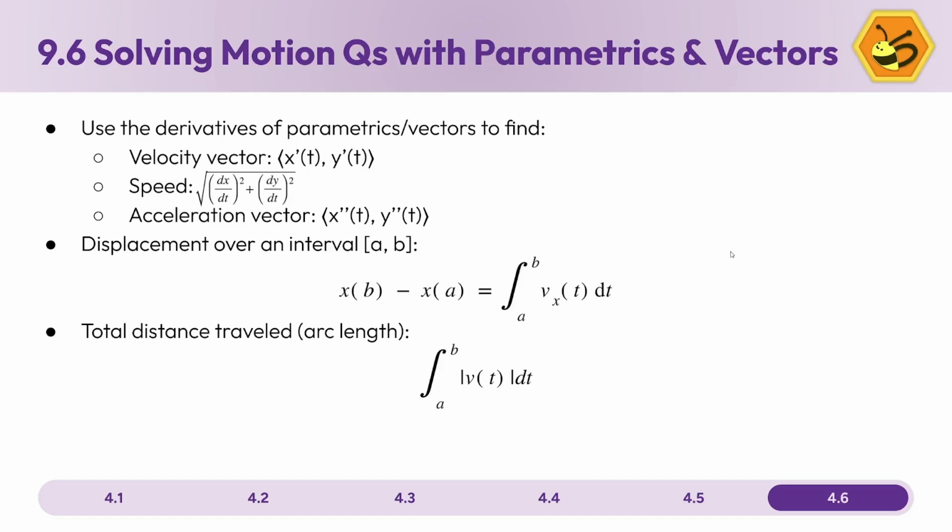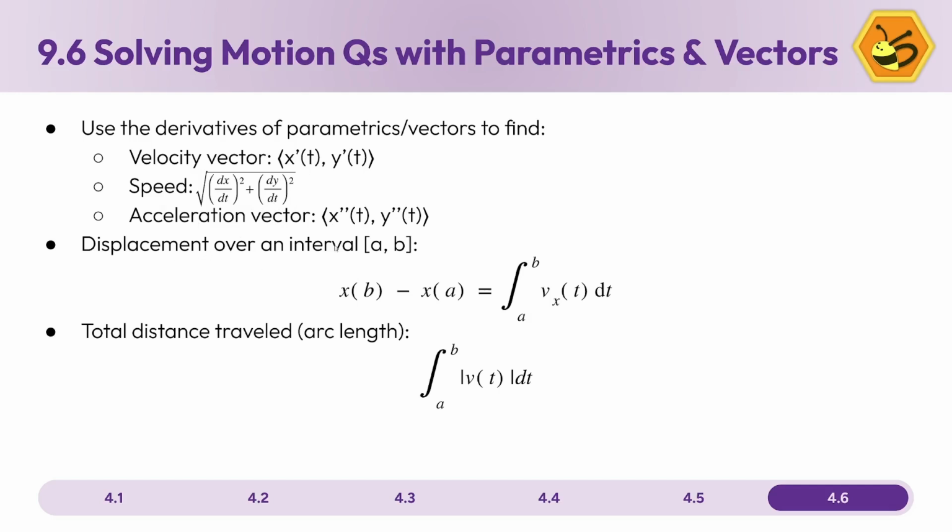Let's move on to our last topic of today, which is solving motion questions with parametrics and vectors. This is more a review of what we've already done. We're just putting everything together. With our derivatives, we can find our velocity vector, which is in this form. We can find our speed, which again is our Pythagorean theorem. We can also find our acceleration vectors.